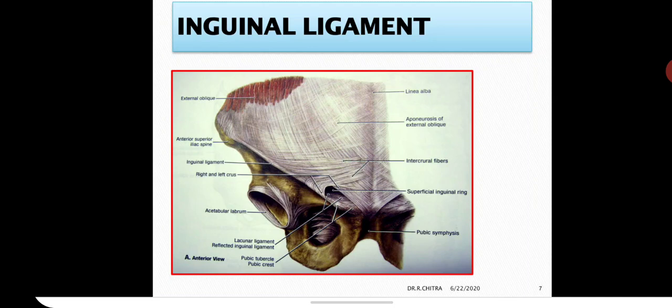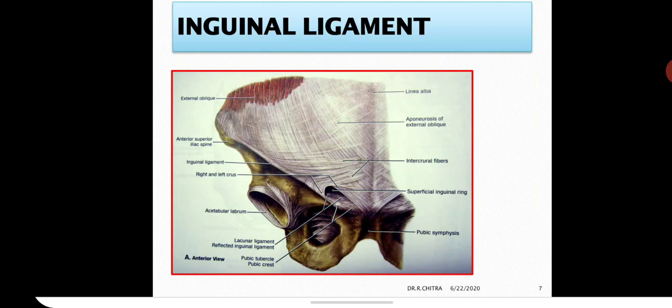A few fibers from the inferior crura, which is attached to the pubic tubercle, a few fibers from this inferior crura of the superficial inguinal ring, are reflected upwards and medially from the pubic tubercle.